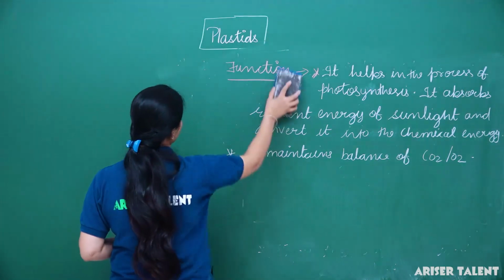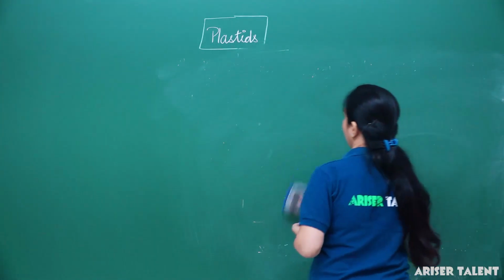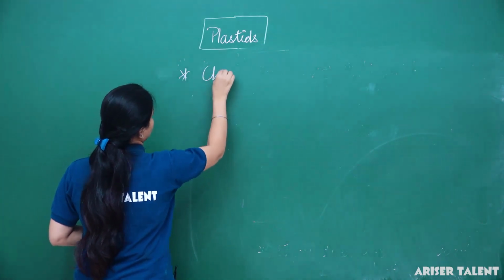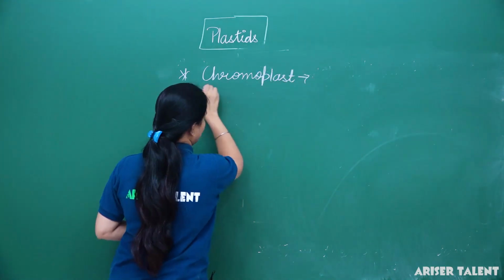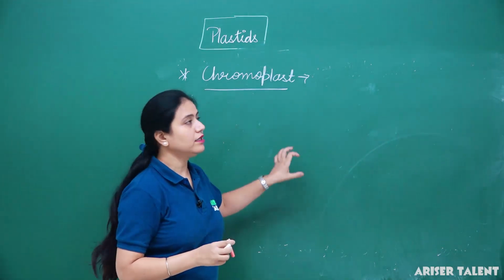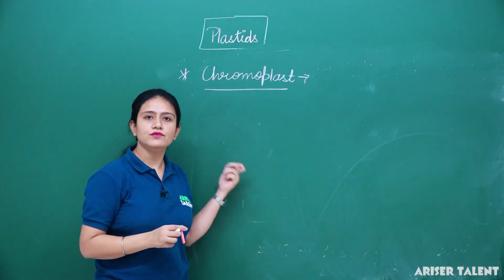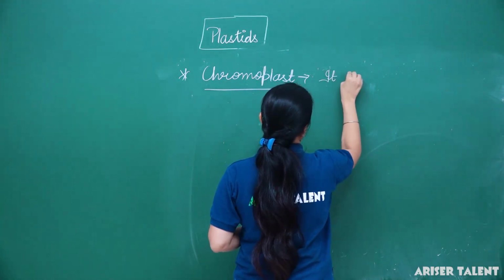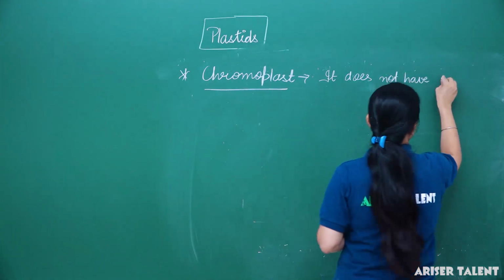Next is chromoplast. As I told you, chromoplast has different colors except green color, and as the green color is absent, it does not have chlorophyll, so it will not do the process of photosynthesis. Chromoplast does not have chlorophyll.